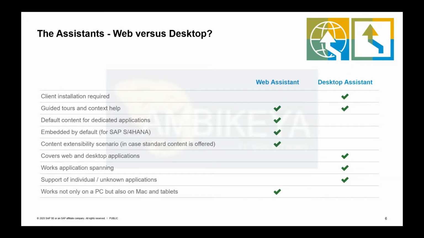Well, the big difference between the two assistant systems that rely on robust re-recognition is that the desktop assistant is a client application that runs on a Windows machine, which brings us to the last line item in this comparison table. The web assistant just needs a browser because it's implemented in the target application.